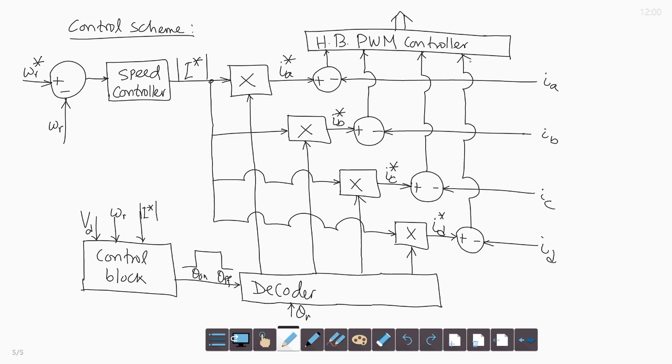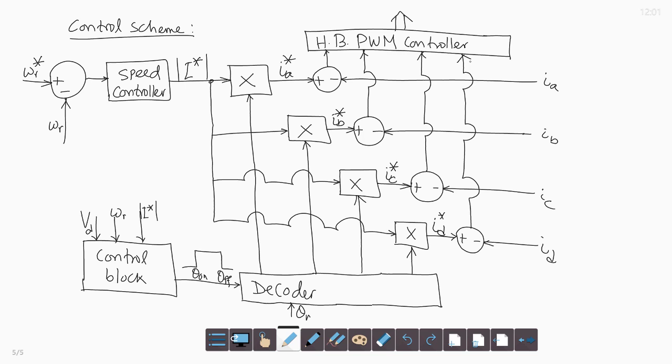So, this is the control scheme, and based on the feedback of phase current and the feedback of the speed information, the speed controller generates the reference current magnitude. Then for each phase, when it should be on is decided by the rotor position from the rotor speed and theta r information, and this is the on off duration.